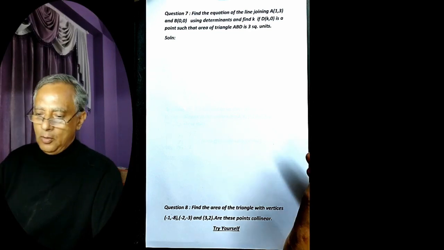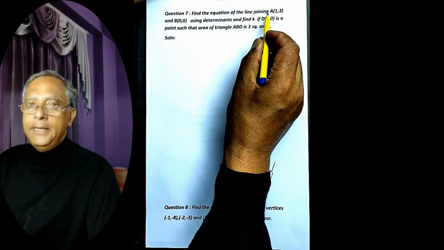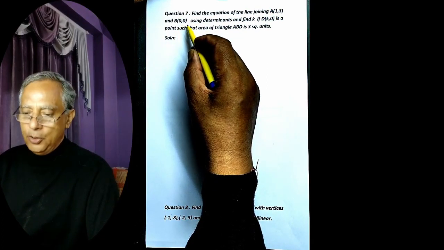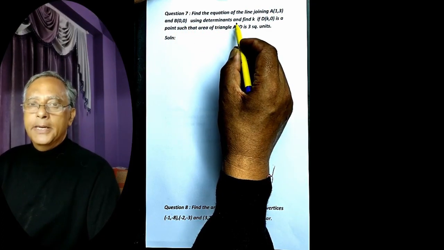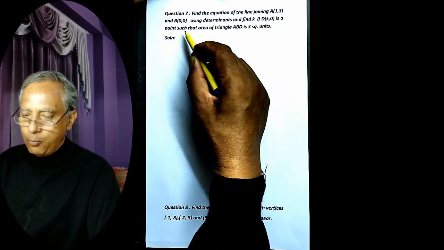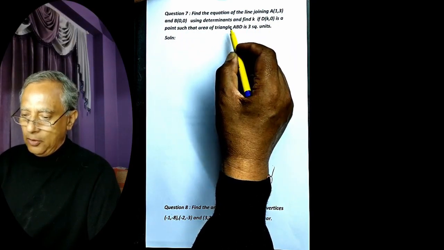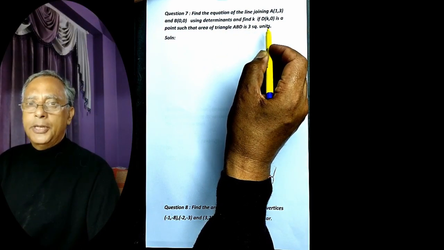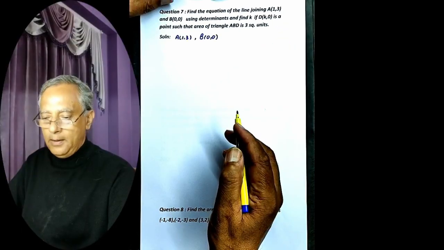First question is, find the equation of the line joining A(1, 3) and B(0, 0) using determinants, and find k if D(k, 0) is a point such that the area of the triangle ABD is 3 square units.